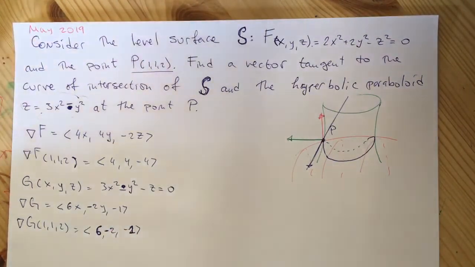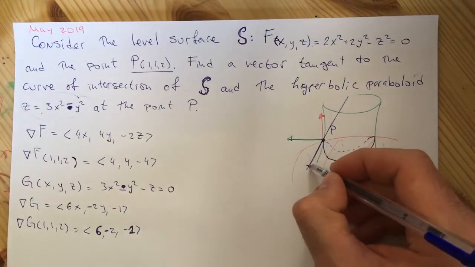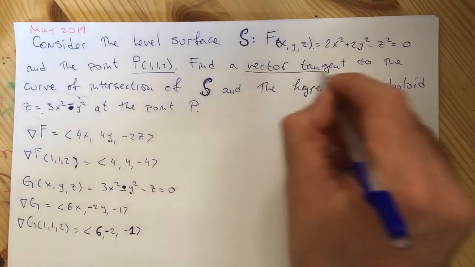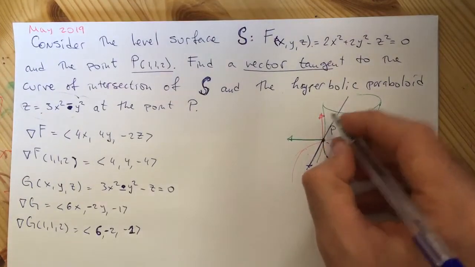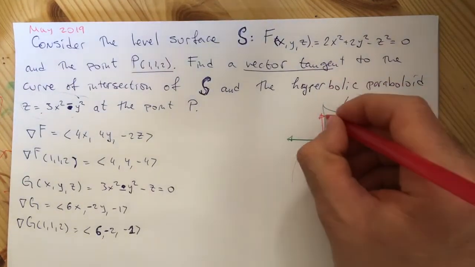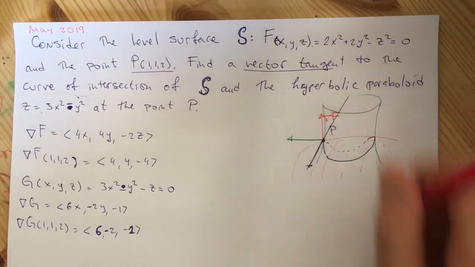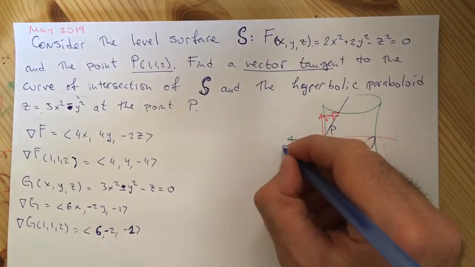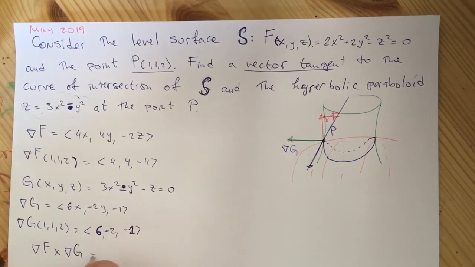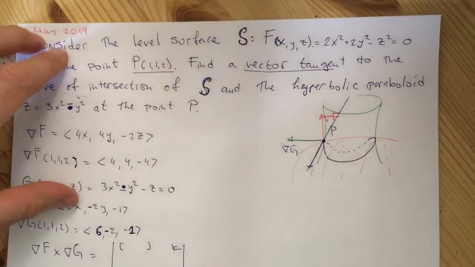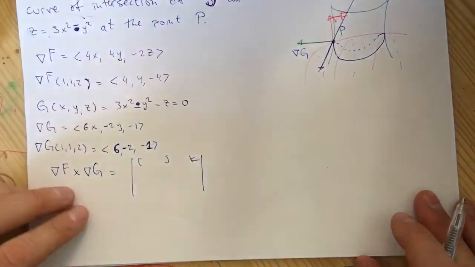Okay, so again, if I want to find a vector that's tangent to the curve of the intersection, what do I have to do? I have to find the cross product between these two gradient vectors. So that's what I do. Gradient f cross product gradient g, of course, at the given point is the determinant of this 3x3 matrix.